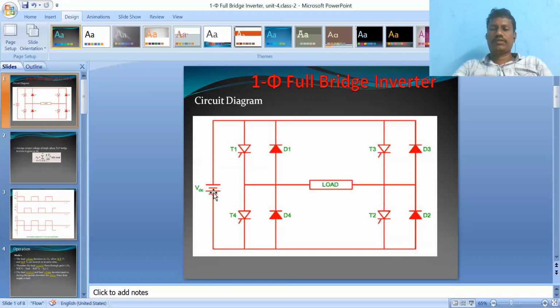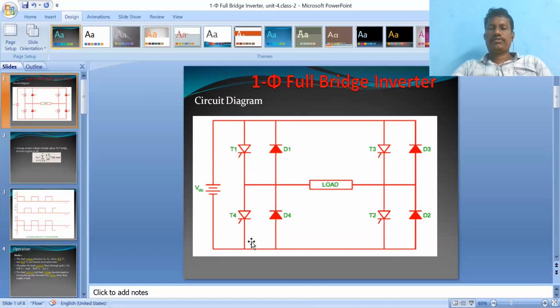Again, one more positive pulse. By applying forced commutation to the T3, T4 switches, these two thyristors will be turned off. Then D1, D2 will turn on. So the current path is VDC minus, D2, load, D1, VDC plus, a negative pulse.